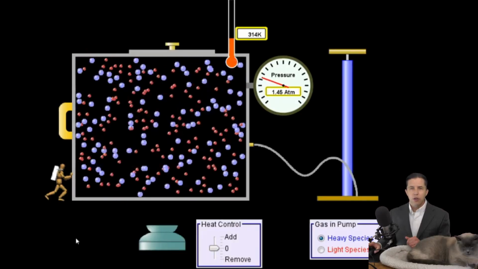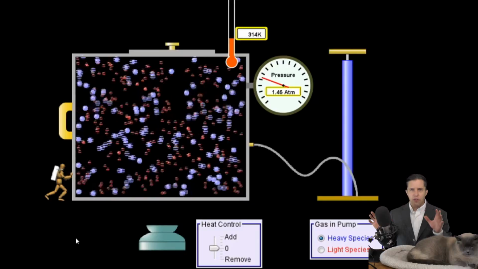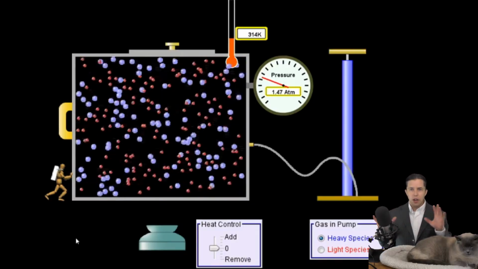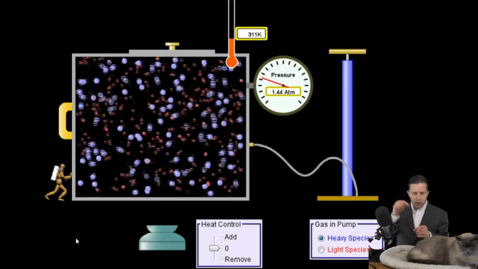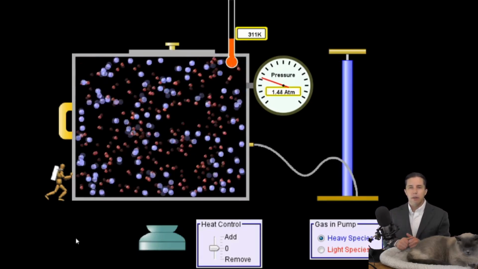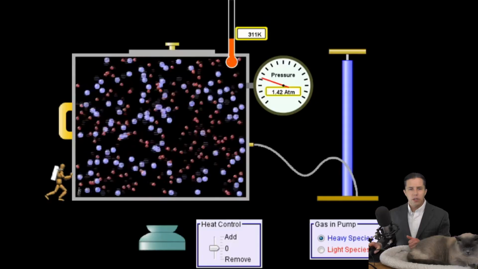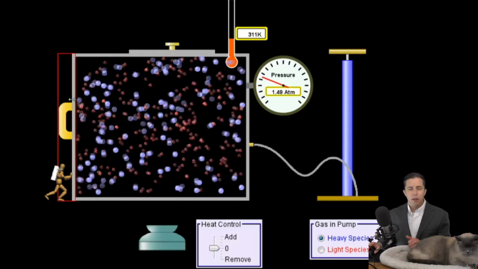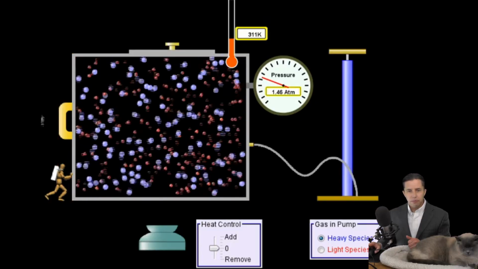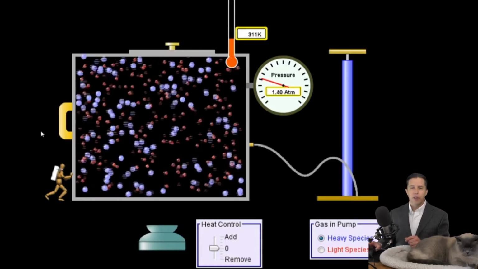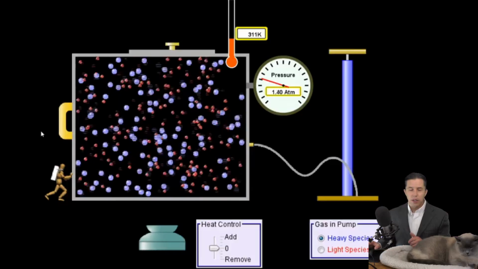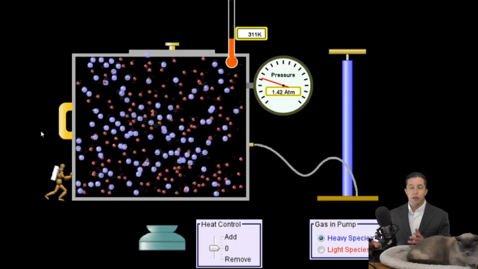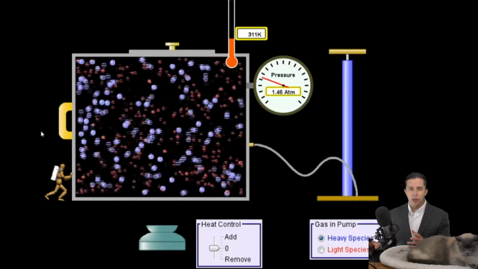For every square inch of surface, every object, everywhere on Earth, there are air molecules coming down and hitting that object. In this simulation you can see them bouncing against the wall several times a second. In real life, they may be hitting every surface millions of times a second. And that produces a pressure, and that pressure is what we call air pressure.